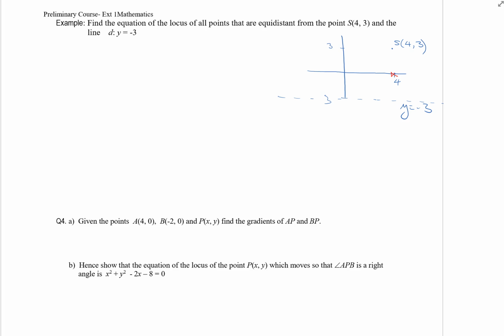Now, I'm not sure if you can see some other points that may be equidistant. So here, maybe that and that, although maybe it should have been over a little bit further. If I came right across, well, that's only 4 units and that's 6 units.